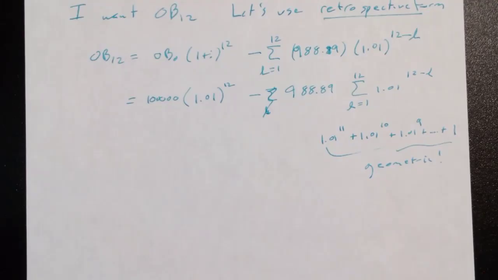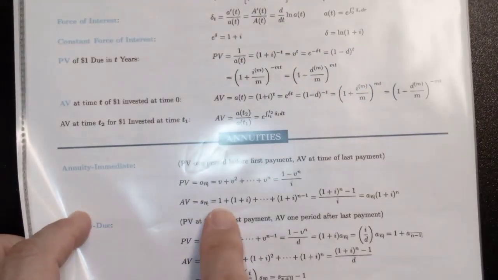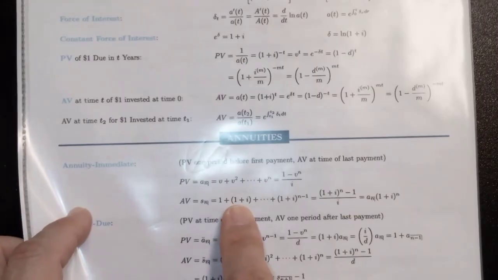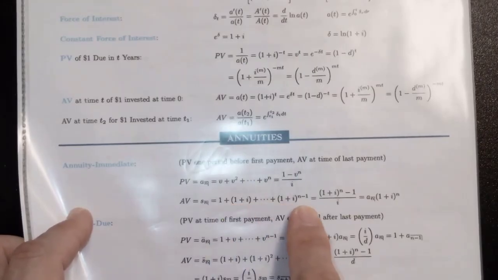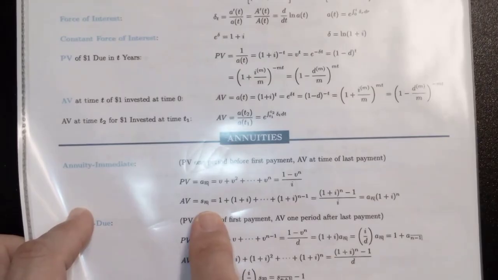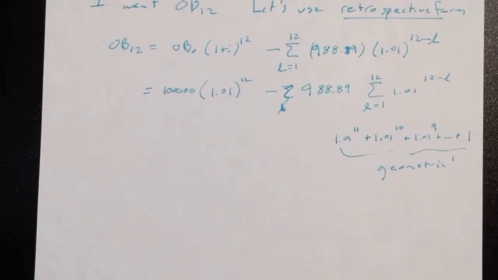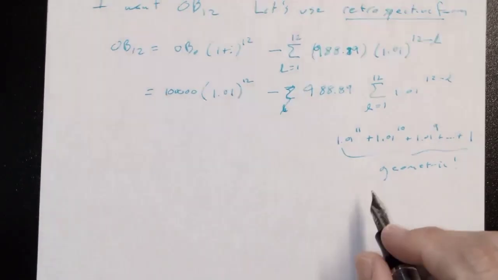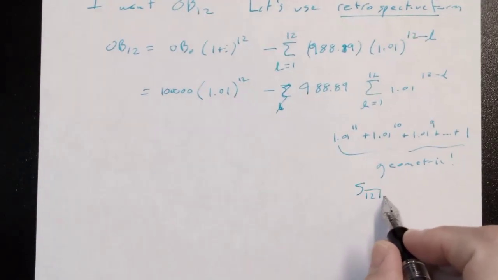And I say to myself, I've seen this before. 1 plus i, all the way up to 1 plus i to the n minus 1. That's the definition of S_n. That's my future value factor. Oh, this got really nice. This number right here, this geometric series, is S12 at 0.01.